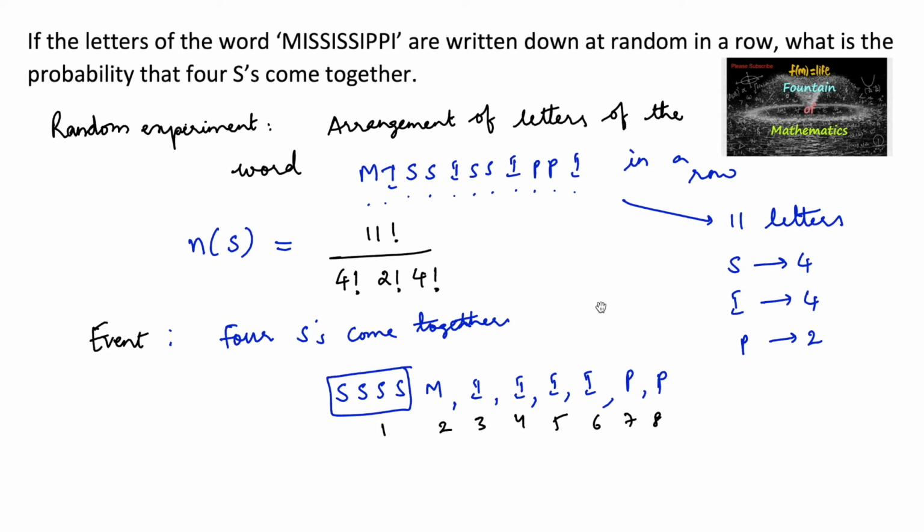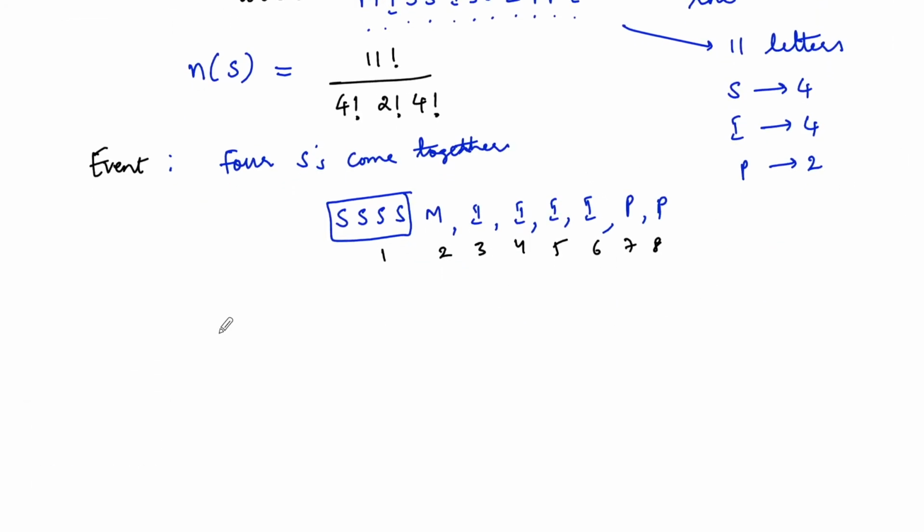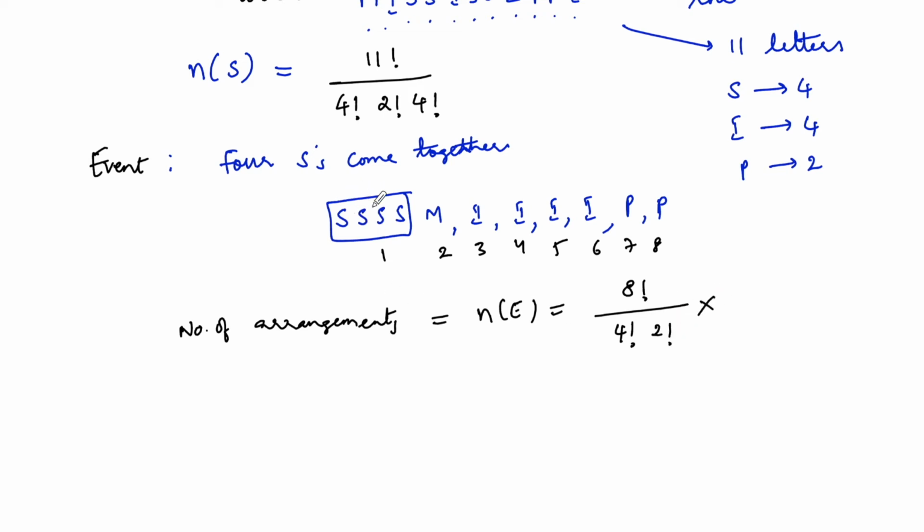So the number of arrangements where all 4 S's will come together is n of E, which is equal to total 8 factorial divided by, in which I is repeating 4 times, so 4 factorial, and P is repeating 2 times, that is 2 factorial, and then again internally these 4 S's will be arranged inside by 4 factorial by 4 factorial, since all 4 letters are same.